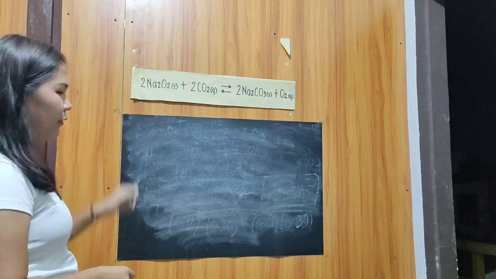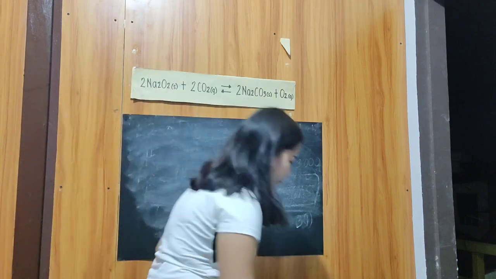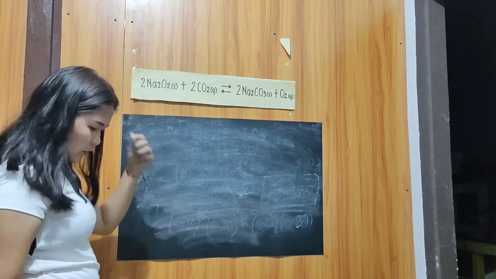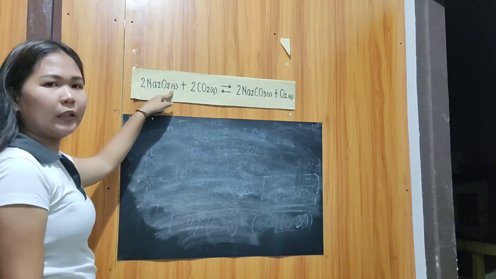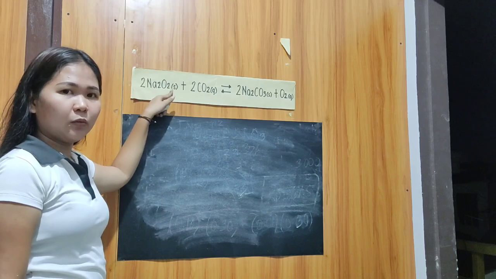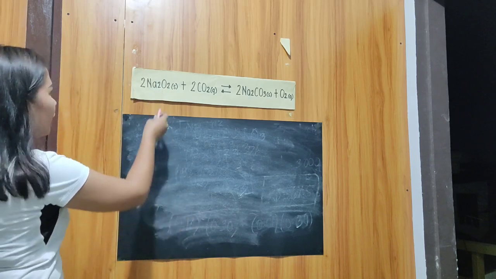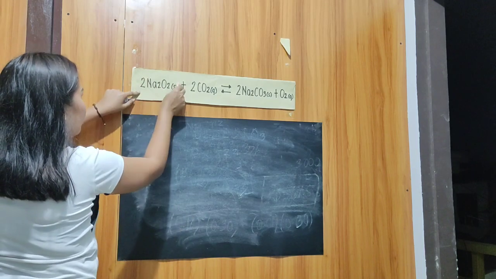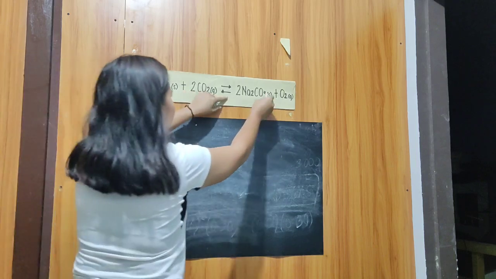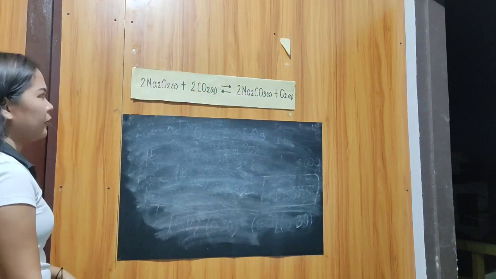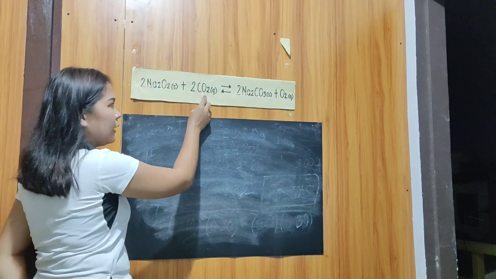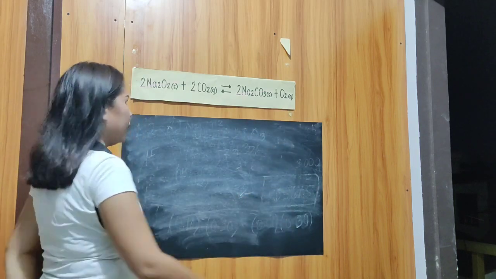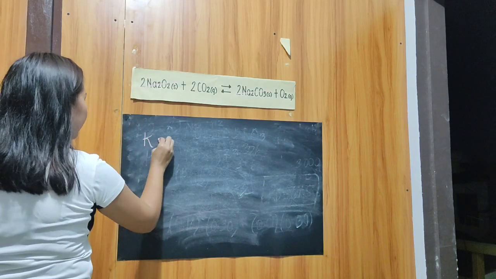Okay, so observe this expression. As you can see, we have here solids, which we will never include, so we will cross this out. All that is left is one reactant and one product. So how do we write that?